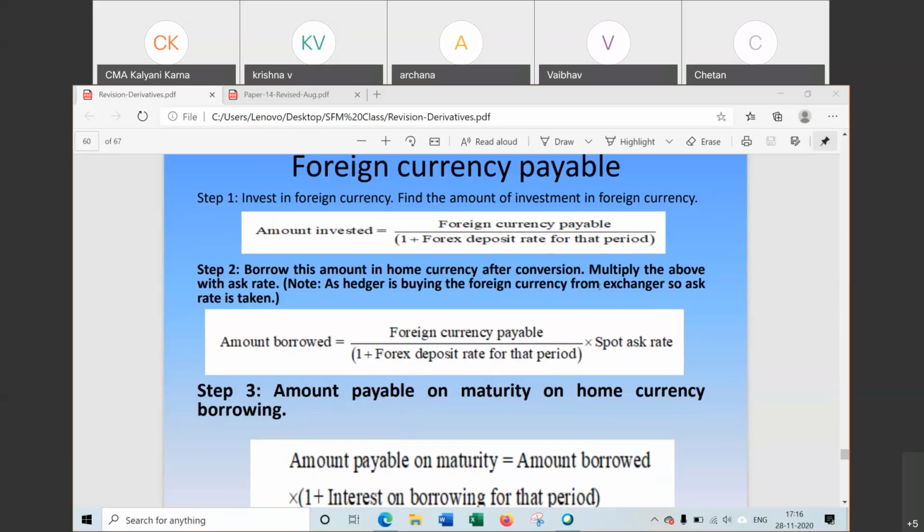Now why ask rate? I have written the explanation here: as the hedger is buying the foreign currency, ask rate will be taken because the dealer is selling the currency.